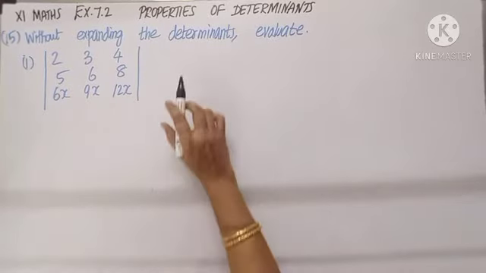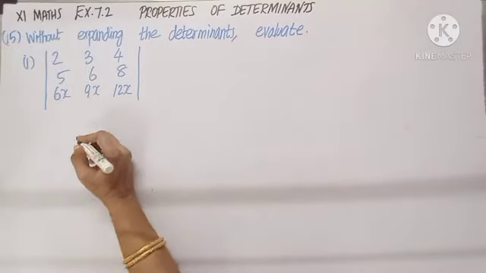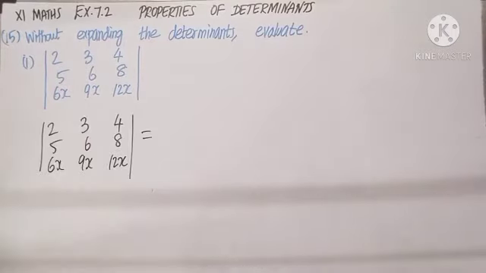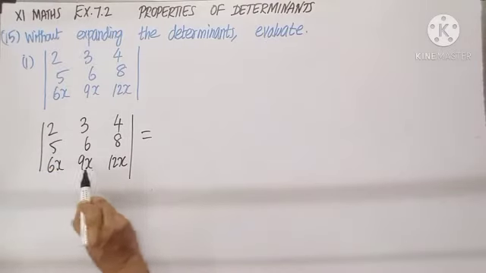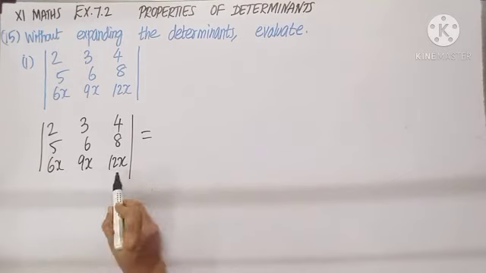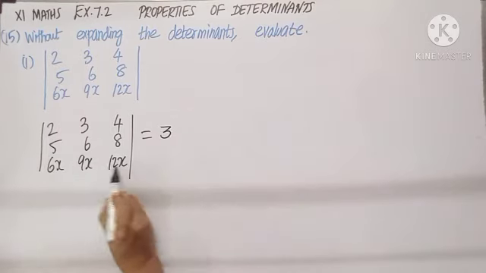Question number 15. Without expanding, evaluate the determinant 2, 3, 4, 5, 6, 8, 6x, 9x, 12x. As I look at the third row, 6, 9, 12, in all these numbers 3 is common. Also x is common.